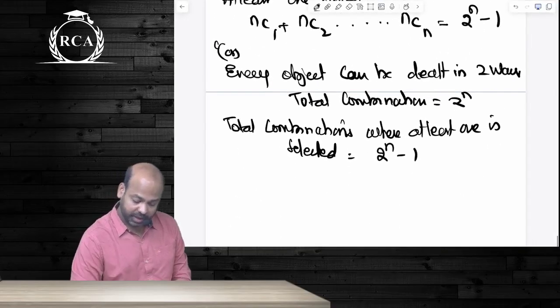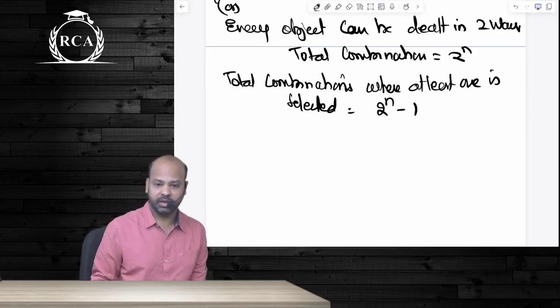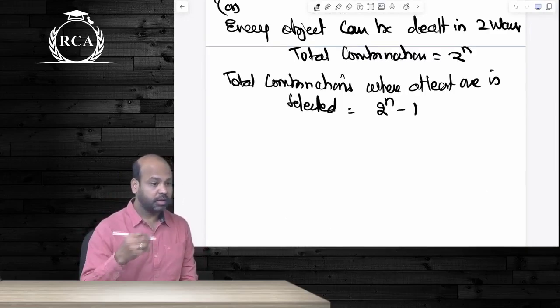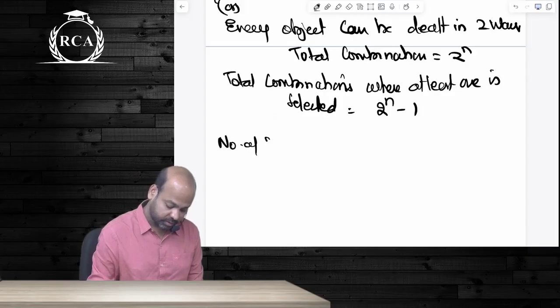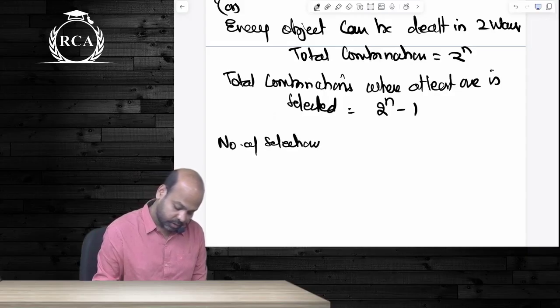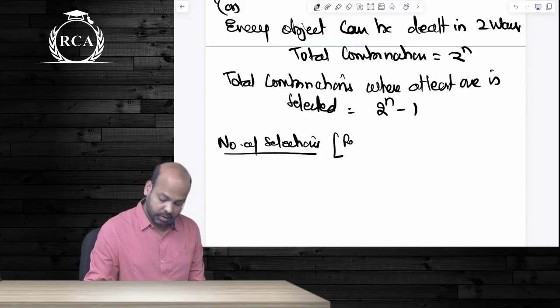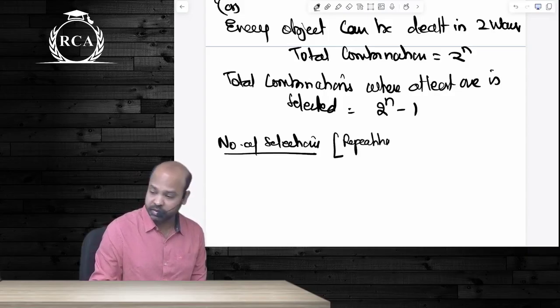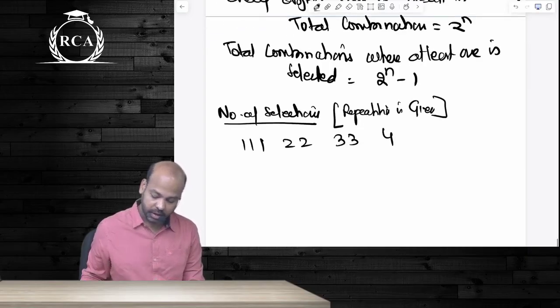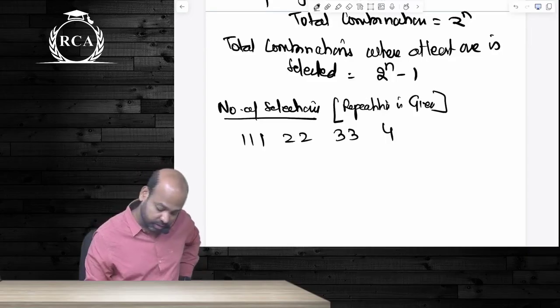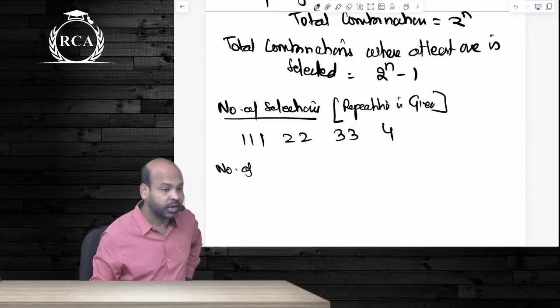What if there is repetition given, guys, and at least one is to be selected? Repetition given in the objects, at least one is to be selected. Don't you remember? Repetition is given. If there are 3 1s, 2 2s, 2 3s, 1 4, in how many ways can you select at least one?